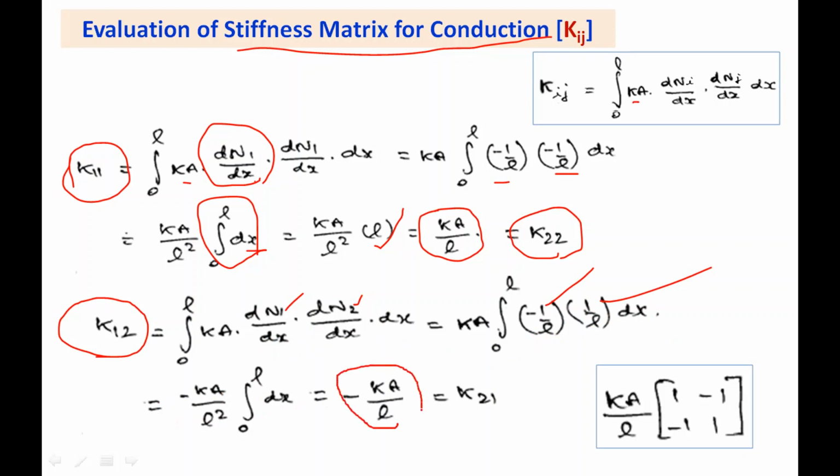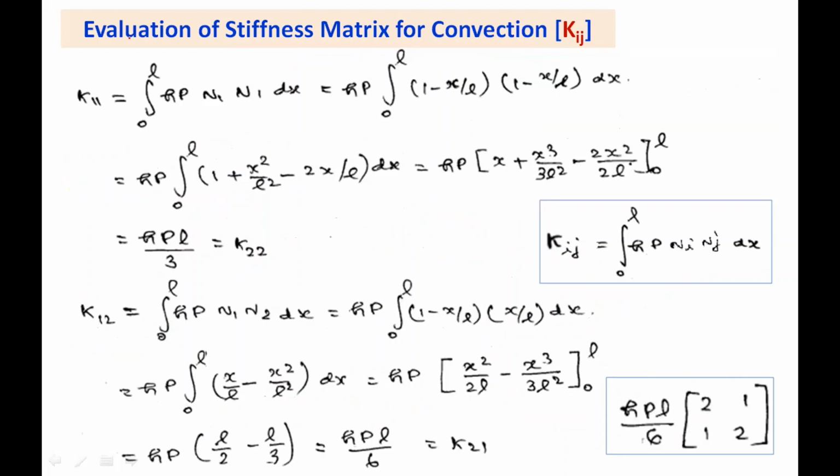Finally, we get minus Ka by L. If you find K21, we also get minus Ka by L. When you arrange all these terms in matrix form, we get Ka by L times the matrix 1 minus 1, minus 1 1. It is a 2 by 2 matrix.